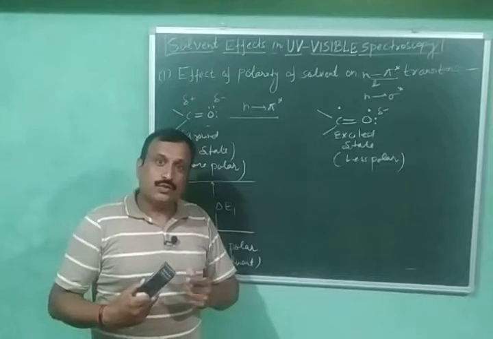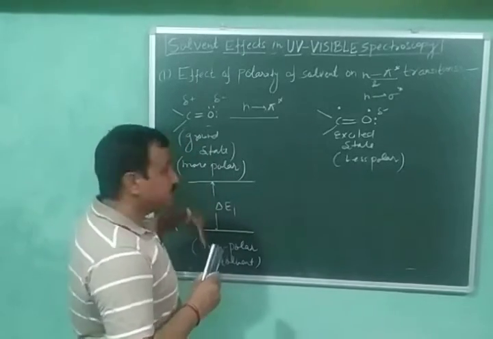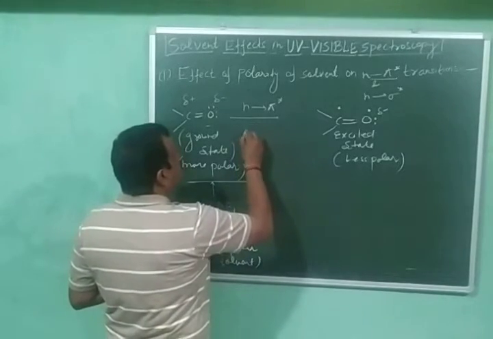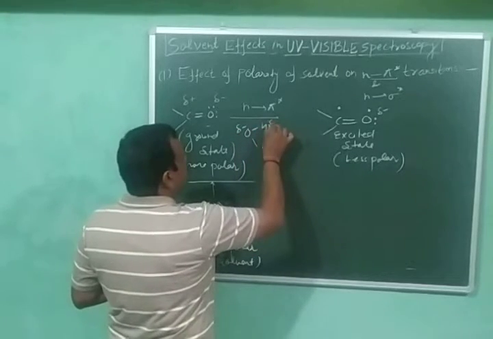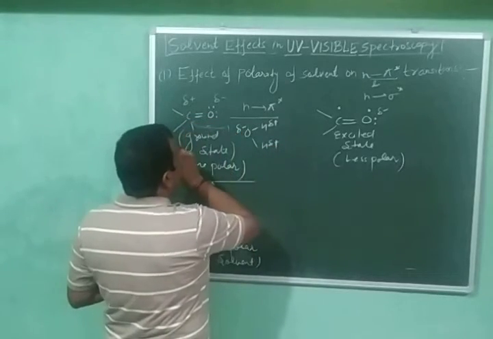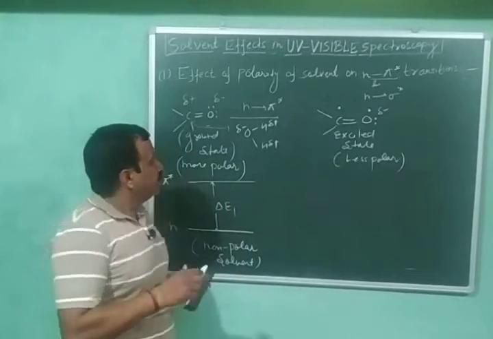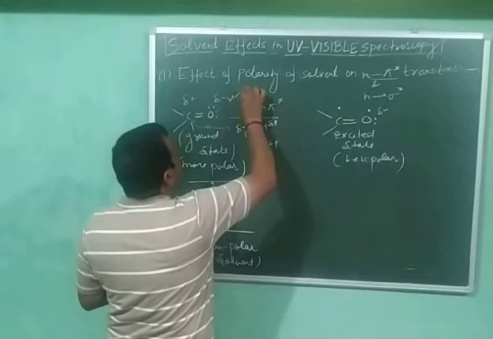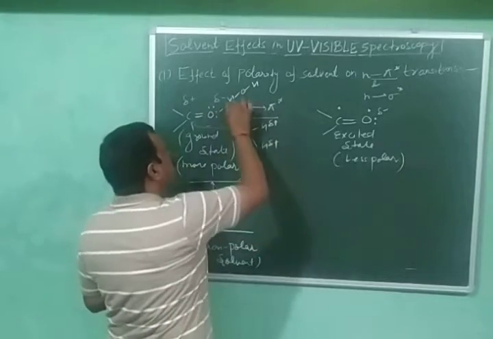Here the polar solvent will interact more with the ground state because the ground state is more polar. So I have again taken water as a solvent, with the negative charge and the positive charge as I explained earlier, and there will be a dipole-dipole interaction, or a hydrogen bond can also be formed between your oxygen atom and the hydrogen of the water molecule.